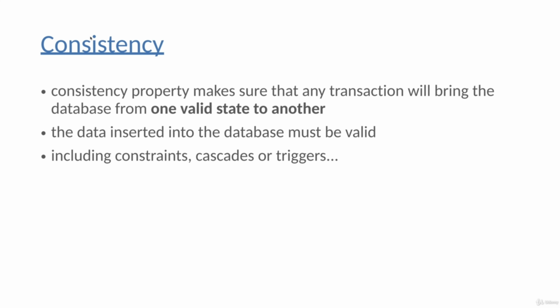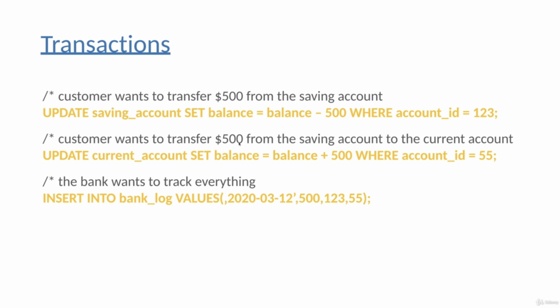What about consistency? Of course, we want to make sure that the database table is consistent. So the consistency property makes sure that any transaction will bring the database from one valid state to another. The data inserted into the database must be valid, including constraints, cascades, or triggers. So for example, if we are dealing with a transaction with these 3 SQL queries, then of course we have to make sure that the data is going to be consistent.